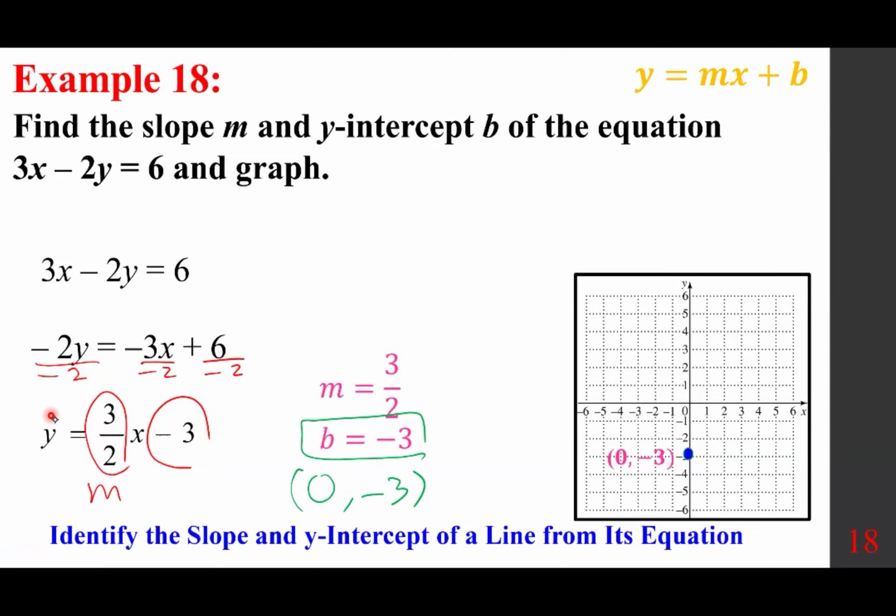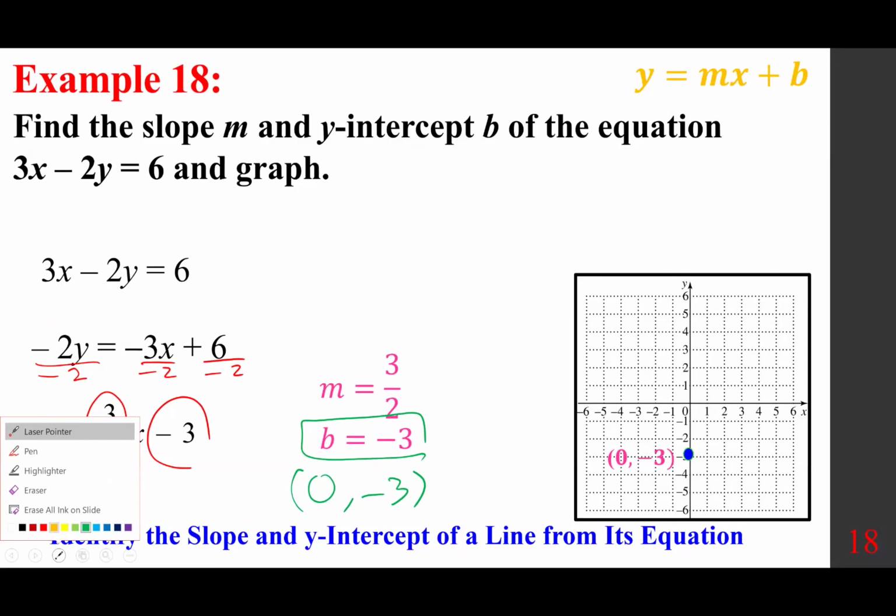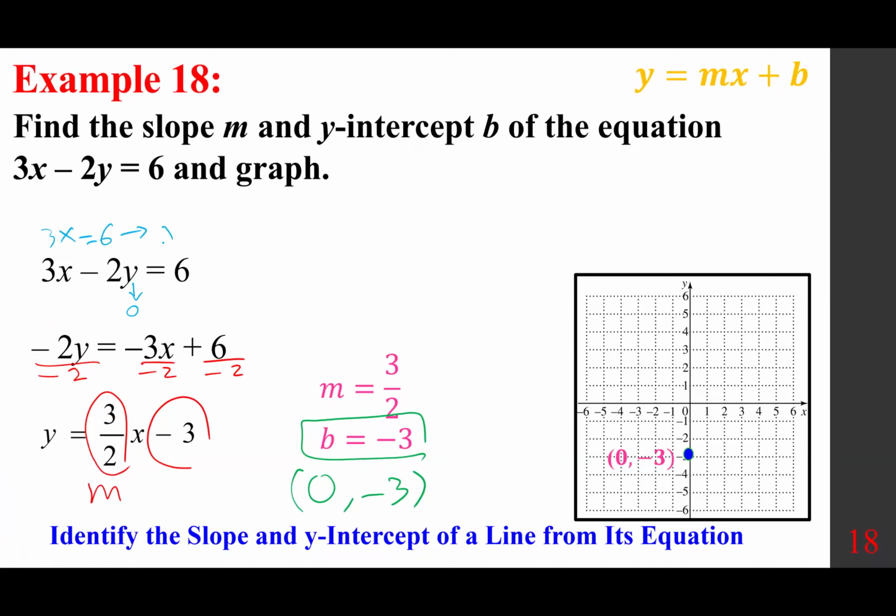Now, of course, I can get the x-intercept, and it's easier to get it from here, just for the sake of argument, so you see how that works. If you set y equal to 0, then 3x becomes 6, x becomes 2, and the pair is (2, 0).